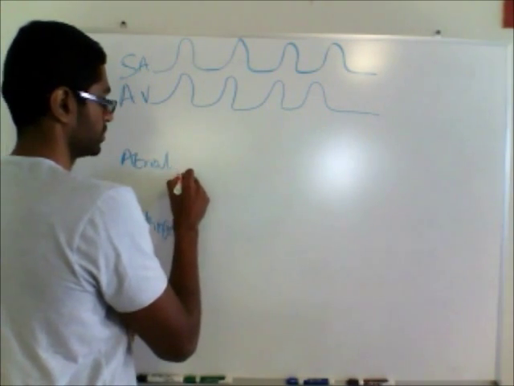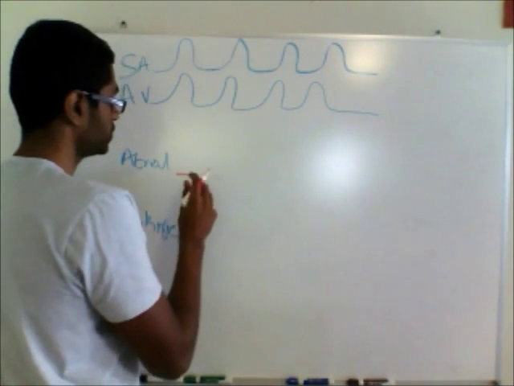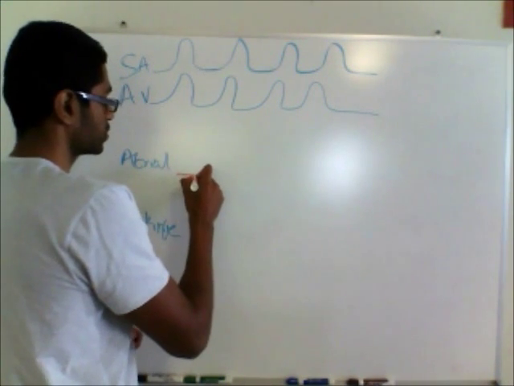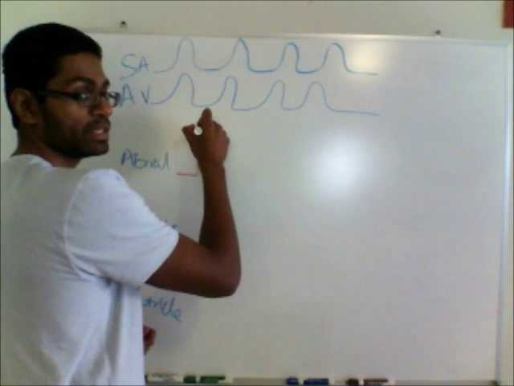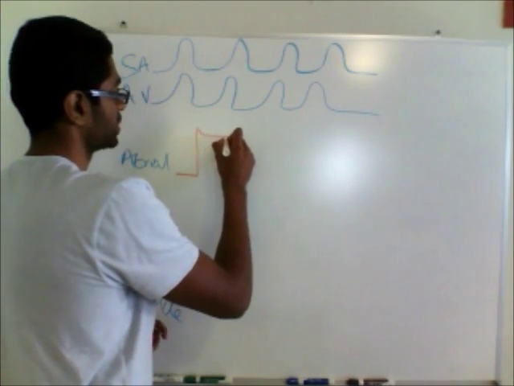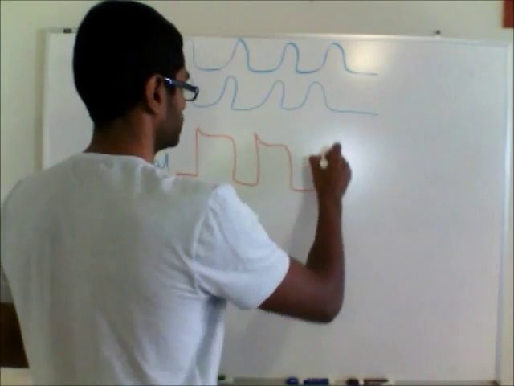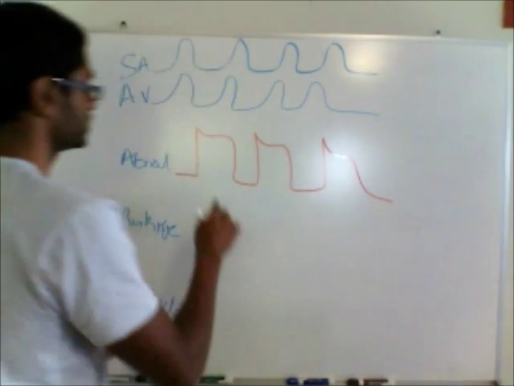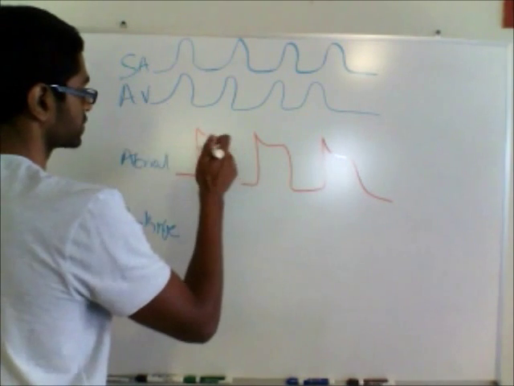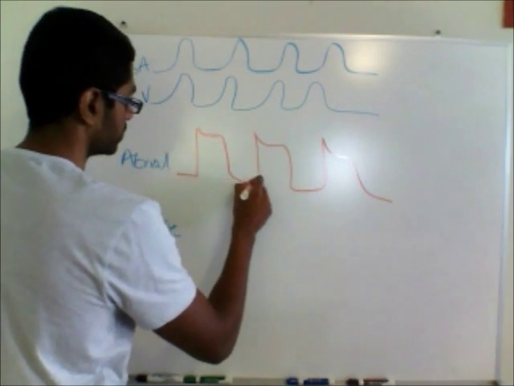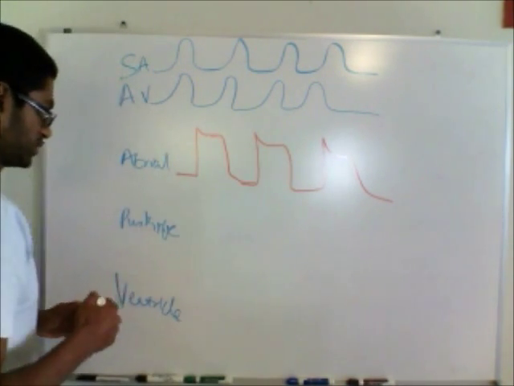There's this constantly maintained resting membrane potential, but once that hits, all those sodium channels open, you have that immediate spike. You have this plateauing, comes back down, immediate spike, plateauing, comes back down, spike, comes back down. Notice it shouldn't be this long. The atrial cells don't maintain a plateau for that long.